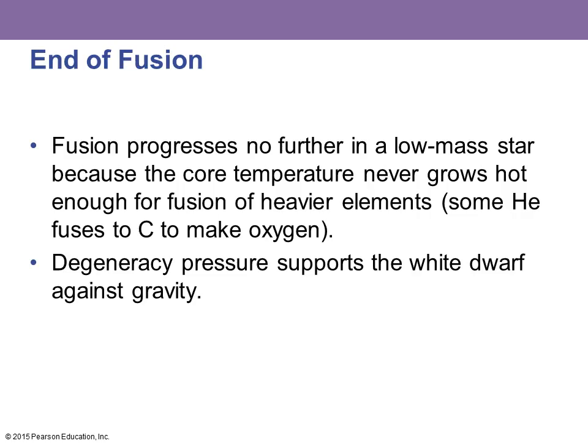So fusion doesn't progress any further in a low mass star. The core temperature never grows hot enough. Degeneracy pressure supports the white dwarf against gravity. So we just have a very small whitish colored star, very, very hot, burning the heavier elements.